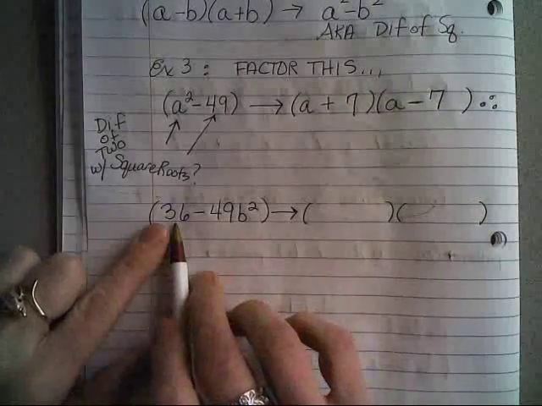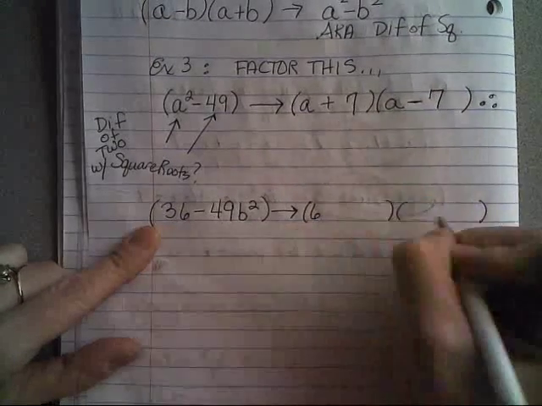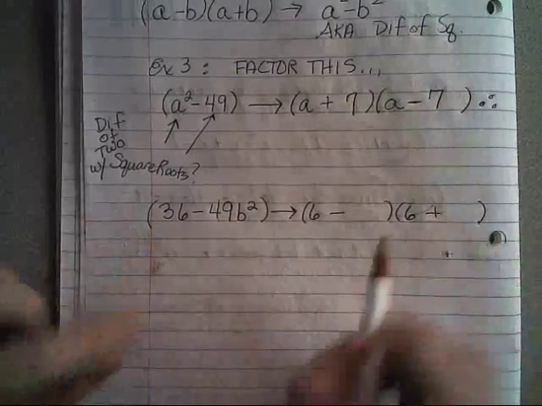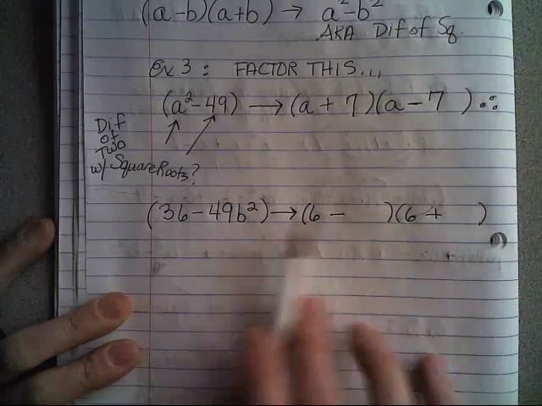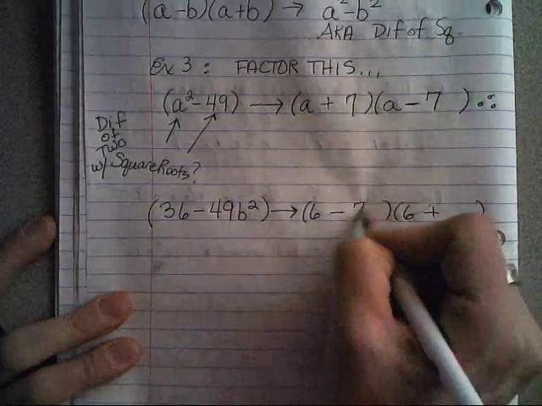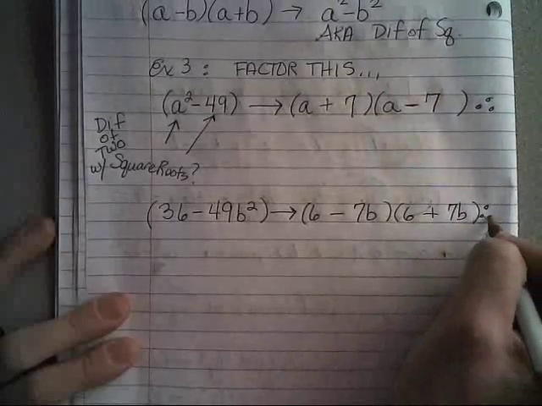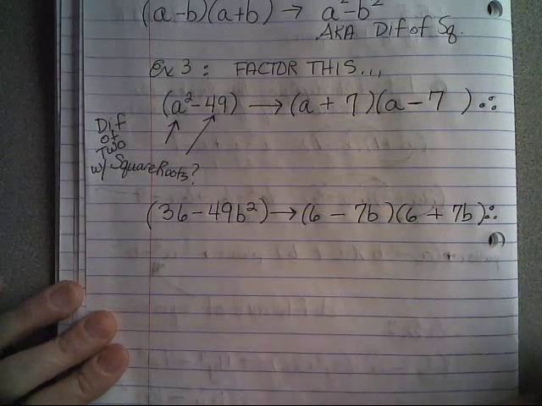The square root of the first piece goes in the first position. 6 and 6. Opposite signs. It doesn't matter, plus, minus, or minus, plus, as long as it's different. Square root of the second piece, what's that? Goes in the second position. Ta-da. I know. Not hard at all.